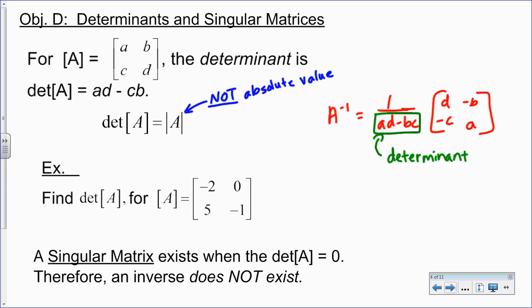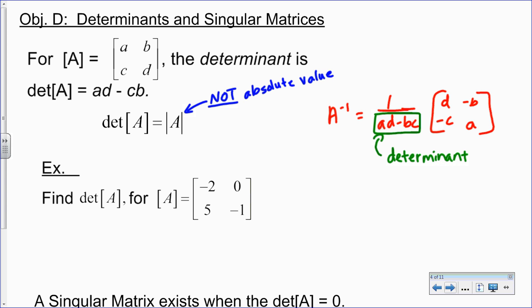Okay, so for this example, we want to find the determinant. So determinant of A is AD minus BC, or CB, remember that doesn't matter. So -2 times -1 minus 0 times 5.